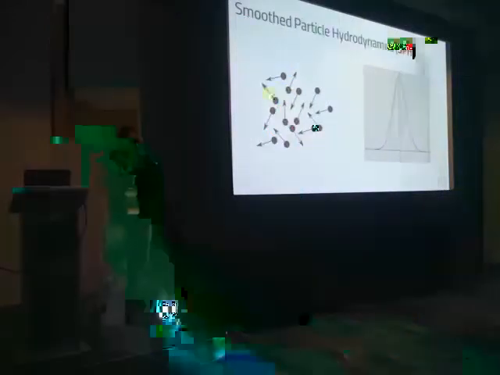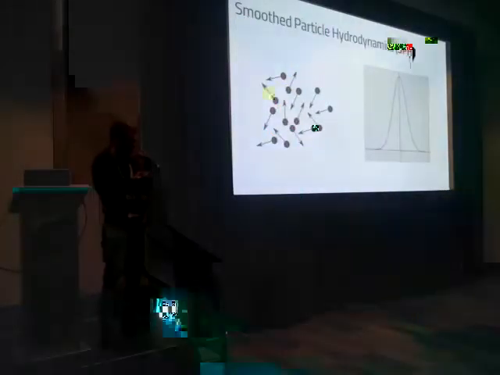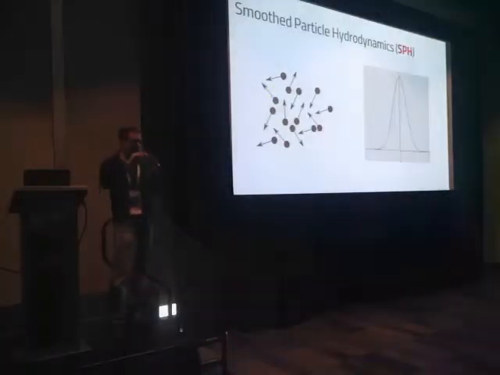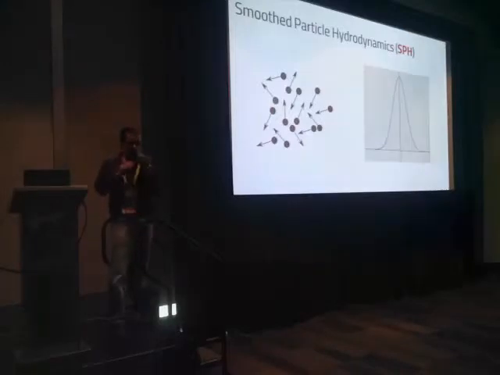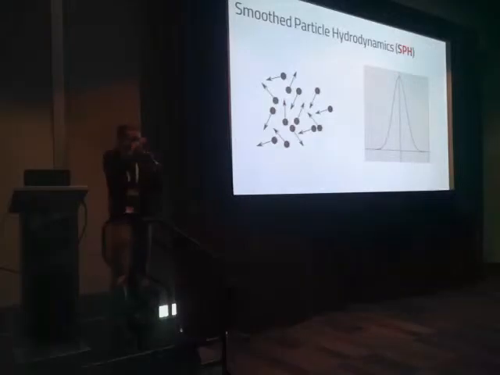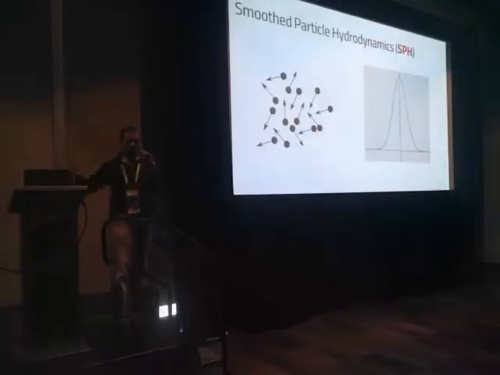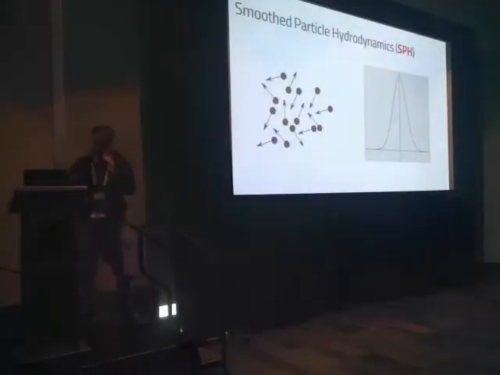And this gives us a very direct picture of the solver. So we basically have particles which represent the fluid, and we don't have to advect anything else in the flow. So the solution itself, which is within these particles, gives us a way to see the fluid flow, okay? This is different from a Eulerian approach where we have a velocity field and we have to advect something, okay?